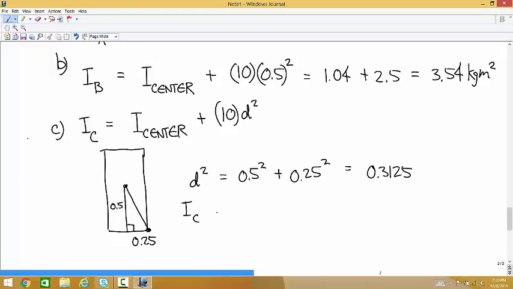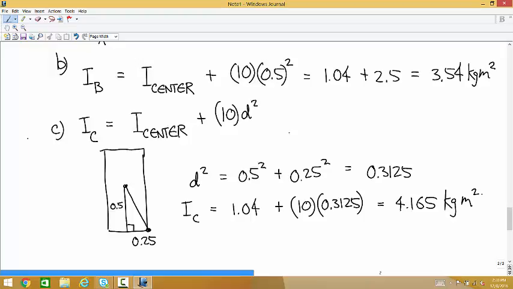So the moment of inertia about C then is 1.04 plus 10 times 0.3125. That's already D squared, so I don't have to square it again. And that is 4.165 kilogram meter squared.